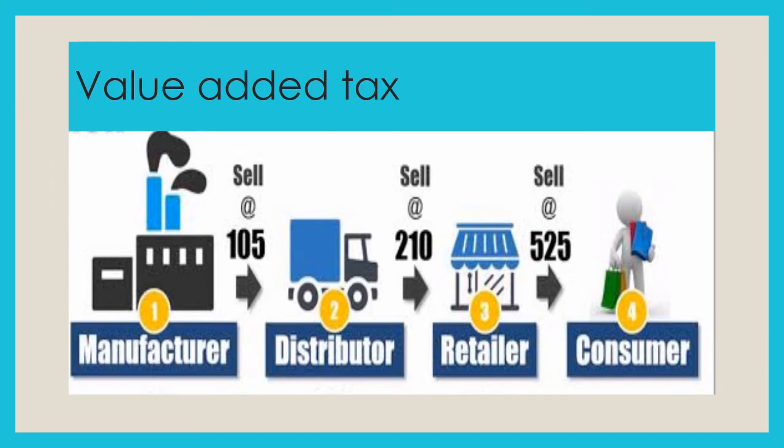The retailer buys it from the distributor at 210, adds value and sells it to the consumer at 525. The tax is imposed on the value added at each level of production or distribution.